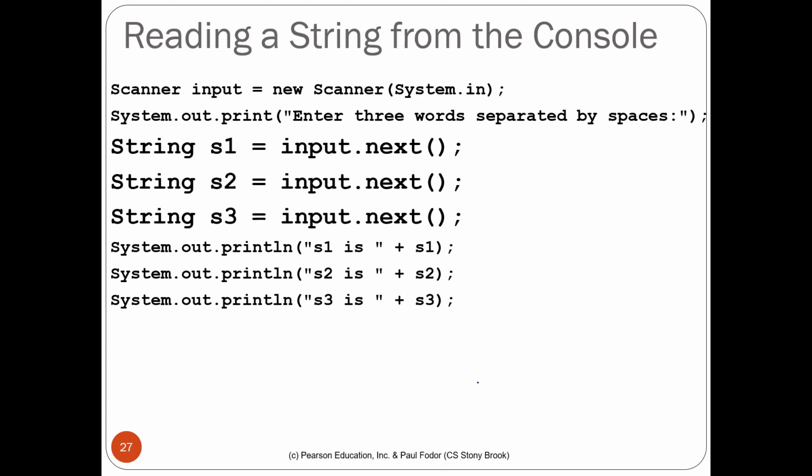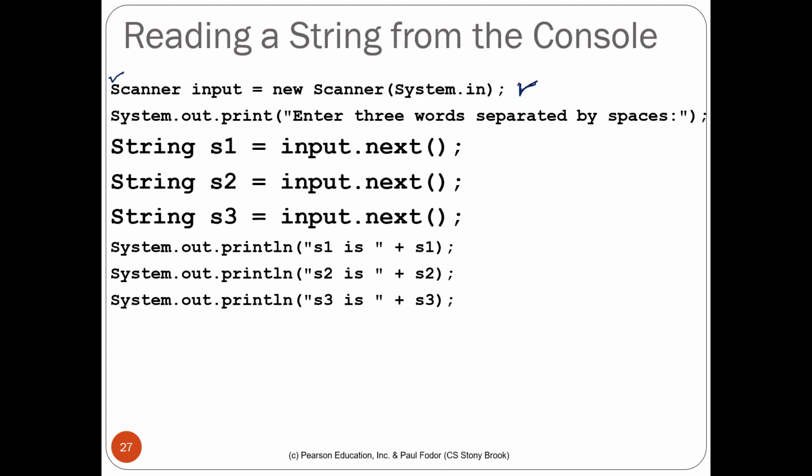Now, if you want to read a string from the user, what can you use? If you have to get input from the user, you need the Scanner class, right? So you should import the Scanner class, and then create a Scanner object: Scanner input = new Scanner(System.in). I hope you have practiced this by now.